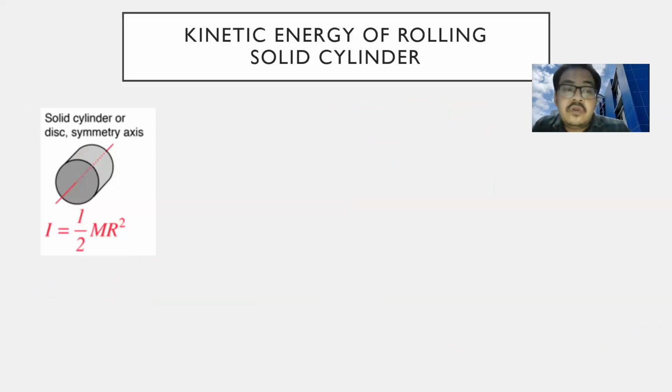Okay, first we talk about this object, the solid cylinder, or you can say it as a disk. You have studied it in your homework last week. For example, if we have a cylinder with moment of inertia equal to half times m times r square, okay, this is the r.